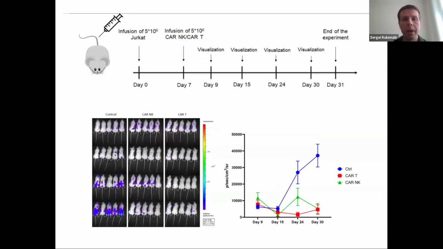So we incorporated IL-15, the membrane form of IL-15 as a co-stimulatory protein, into our CAR just for the purpose of better persistence, to make CAR NK cells persist better in model animals.